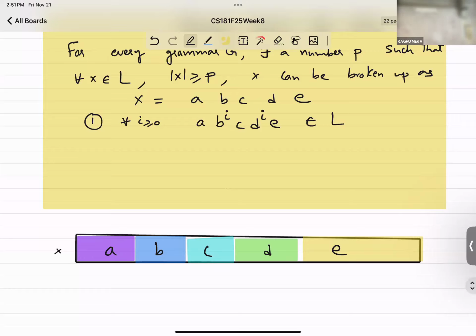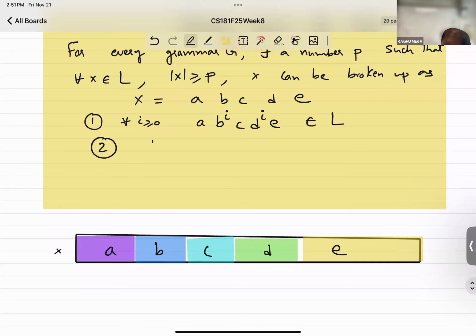Does that make sense? You're not allowed to just say I repeat B two times. That might take you out of the language. But if I take B and D together, and I repeat B two times and D two times, then I should be in the language. It's some kind of paired repetition. As long as I replicate B and D the same number of times, I can take them out too. That will also be fine. I should be in the language. So that's the key thing.